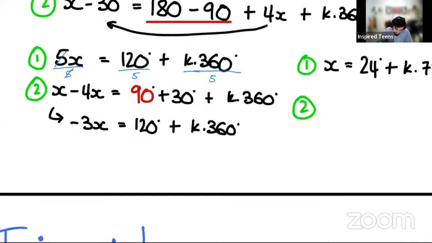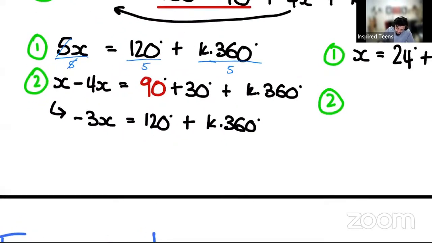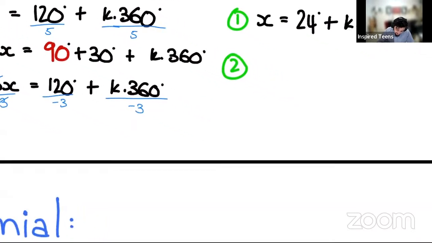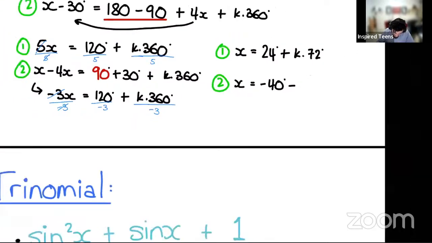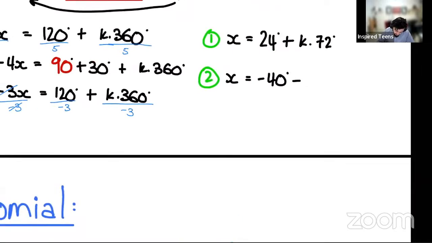Then I can simplify this as well by dividing everything by negative 3 to leave x alone. When I divide everything by negative 3, I get 120 divided by negative 3, so x is alone now. I get negative 40 minus 360 divided by negative 3 is minus k times 120 degrees.